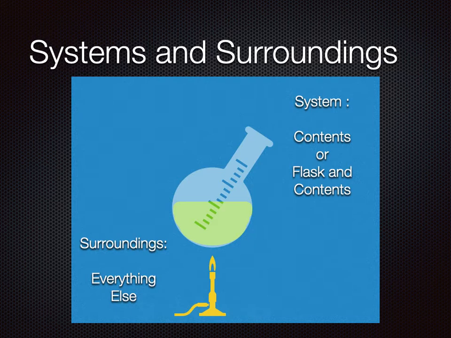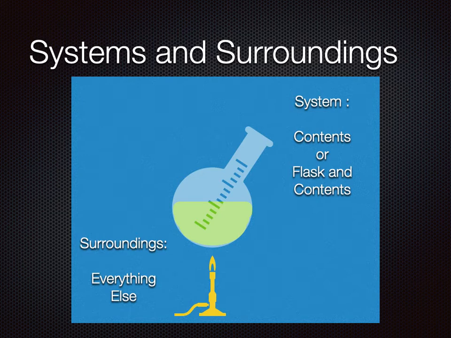So as we think about heating this flask up with some kind of a burner, then we're talking about heat flowing into this system. Note there will also be heat flowing out because as the glass gets warm, it's going to radiate heat to the surroundings.